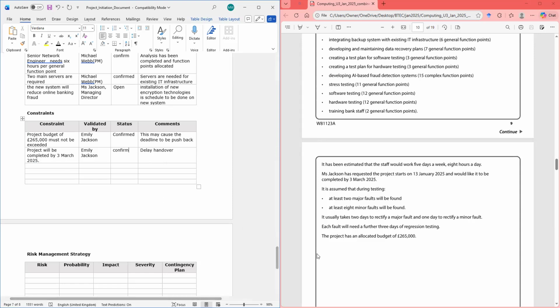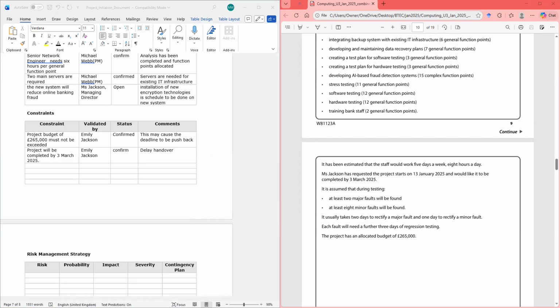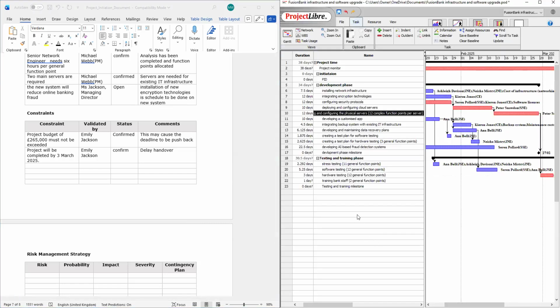All right? The other one we can look at is everybody's favorite. Delivery delay. All right, let us look back at our Gantt chart.